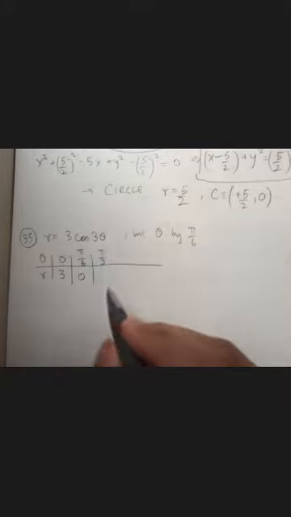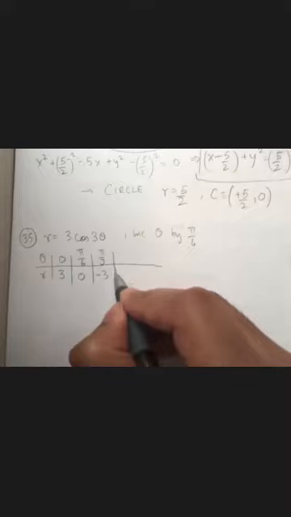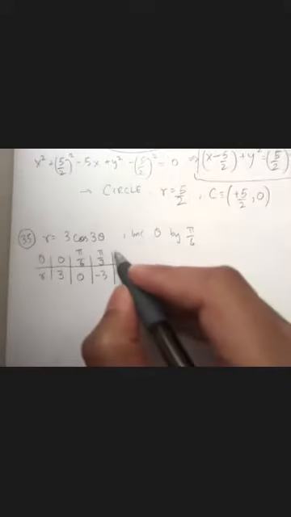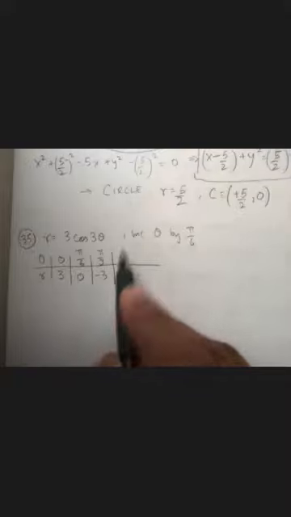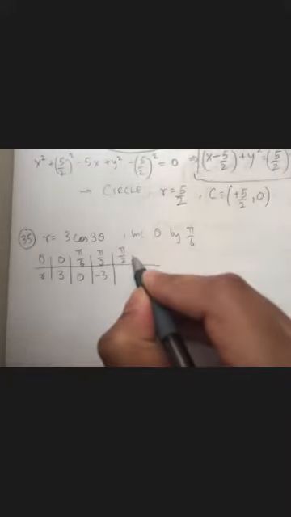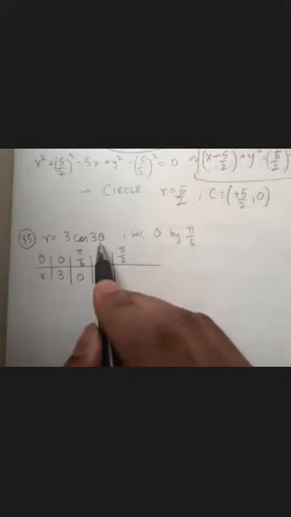So cos pi is -1, times 3, gives -3. Next we get 3 pi/6, which is pi/2. Cos 3 pi/2 is 0.